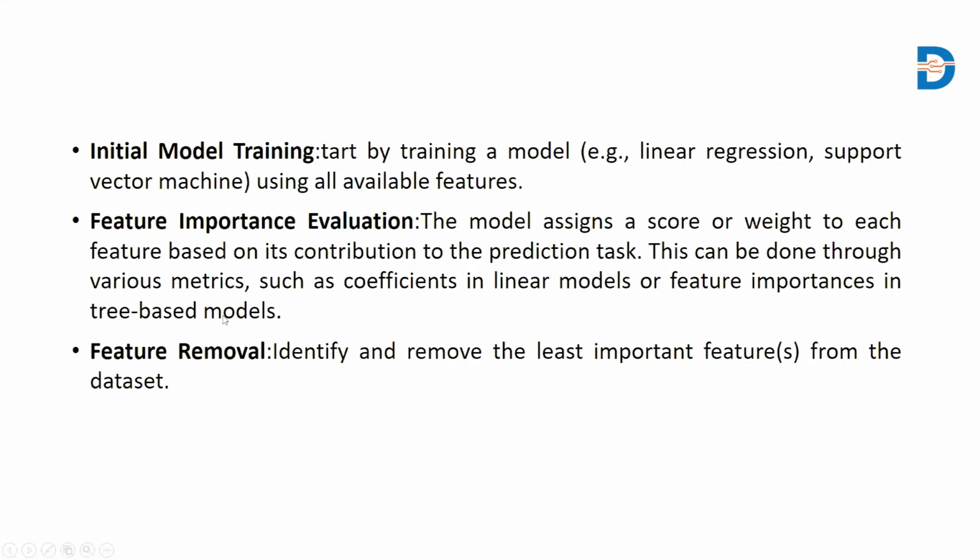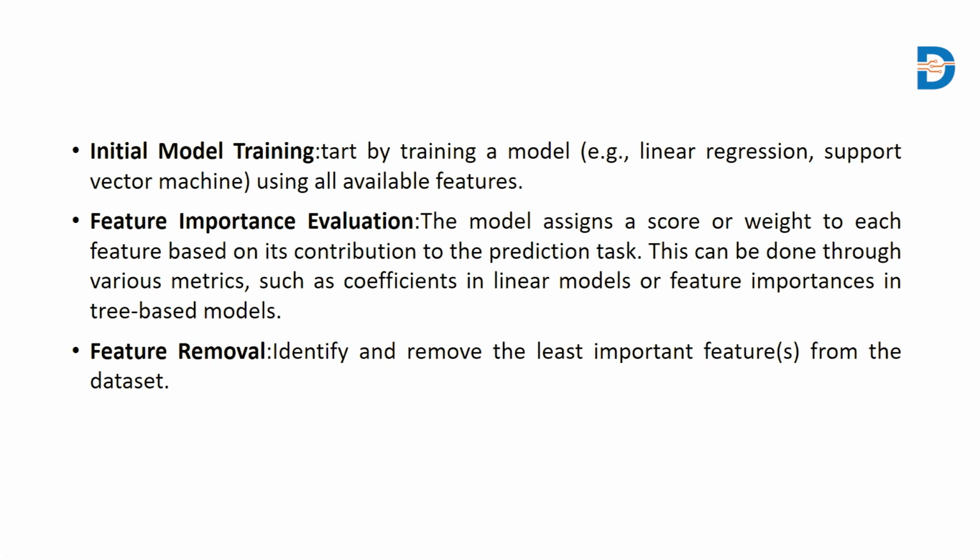In the initial model training, we start by training a model. For example, you can take any regression model or SVM, any machine learning technique, and using all available features, we train the model. Then feature importance evaluation. The model assigns a score or weight to each feature based on its contribution to the prediction task.